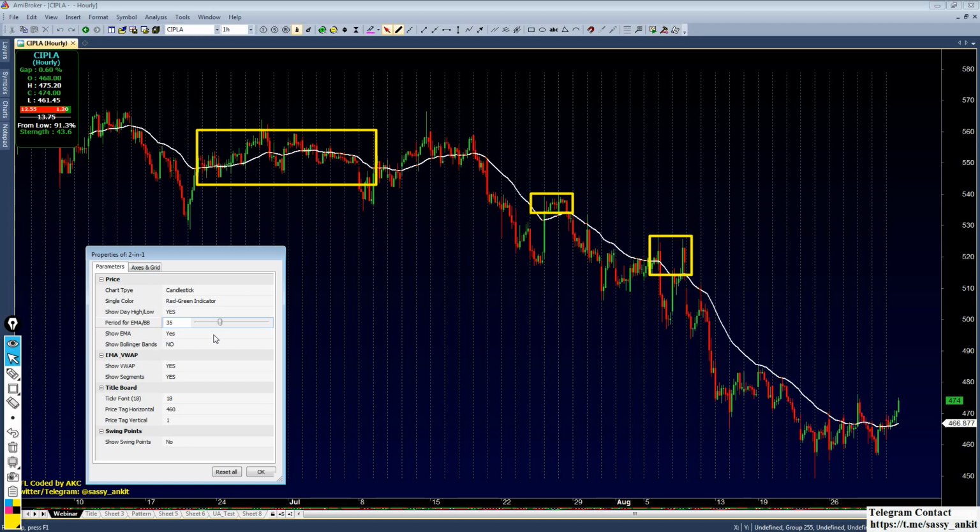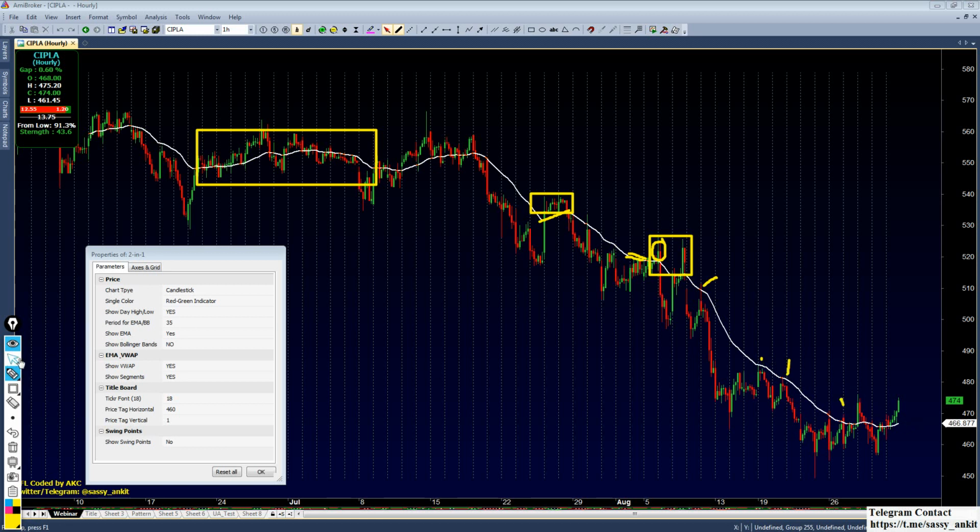If we take this, break and holding support, sorry, resistance, fake out above the resistance, holding nicely.